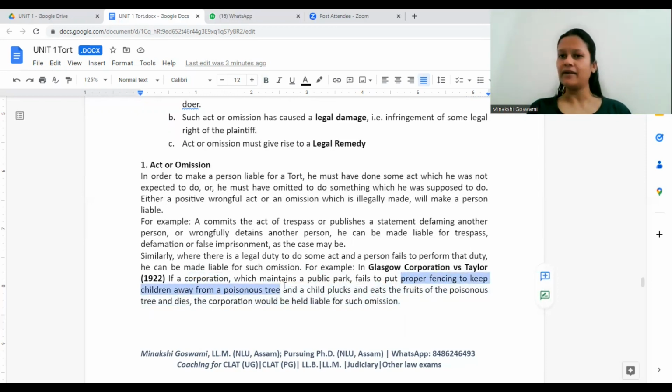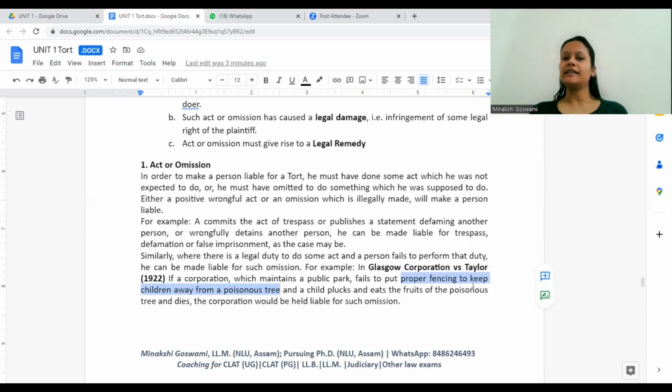Within the public park, there was a poisonous tree and they failed to put proper fencing. For adults, it's fine. We know what all fruits or what all leaves we can eat, right? We would not randomly go to a park and start eating some fruits or berries that we do not know. But a child might not know it, right?